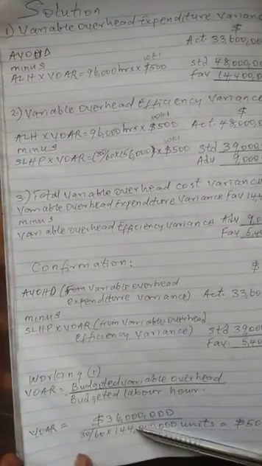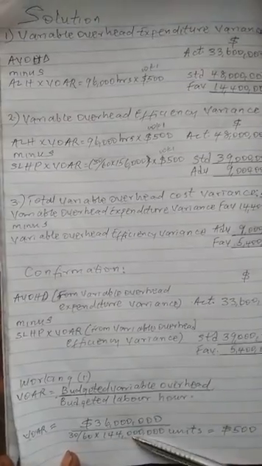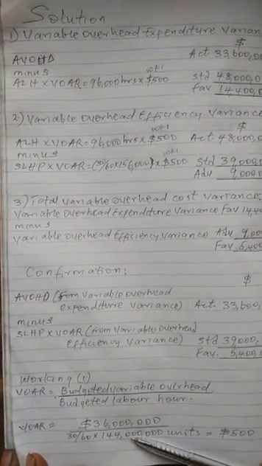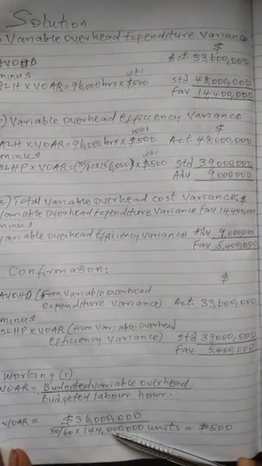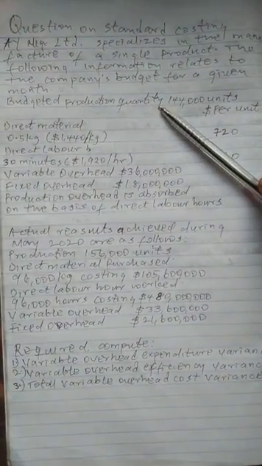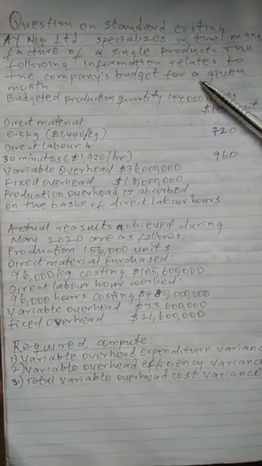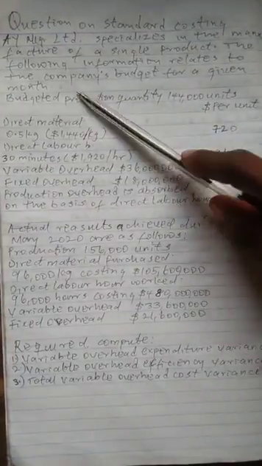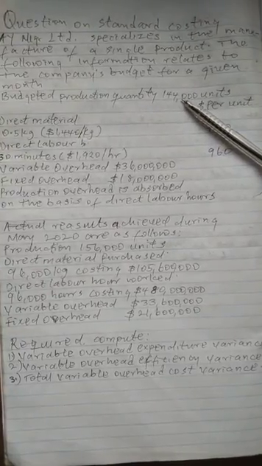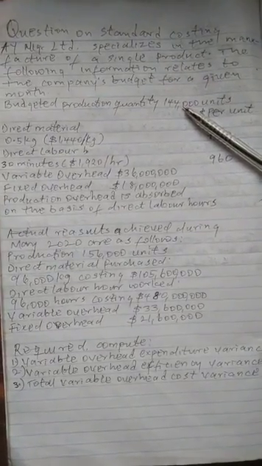But how do you get the budgeted labor hour? For you to arrive at the budgeted labor hour, you must know how many units were produced in that period. Budgeted production quantity for a given month, that is the period. I said for you to get the variable overhead absorption rate, you have to go to the budgeted aspect of the question.